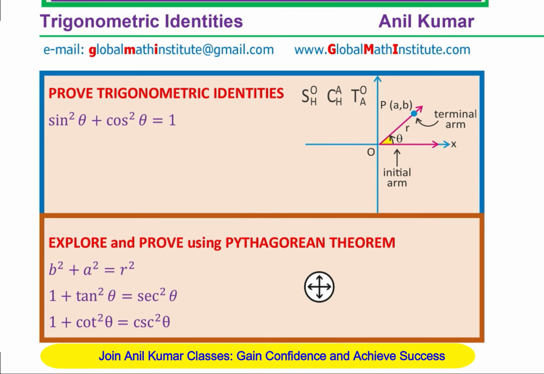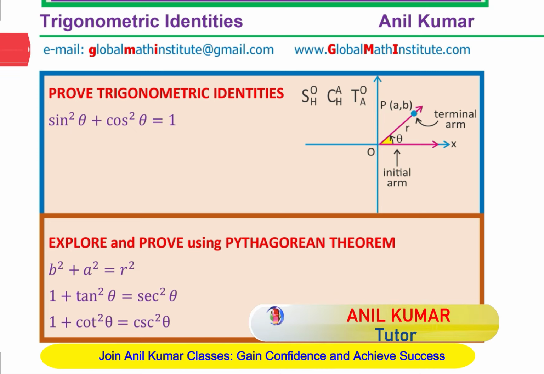So we have done this quotient identity. Now let's look into proving the trigonometric identity. This is a very basic and most important identity, and I'll provide you with one of the simplest proofs. Again, we could take this point A, B on the coordinate plane. As I have been saying, A and B is any general point, so I will now extend this to any general point x, y.